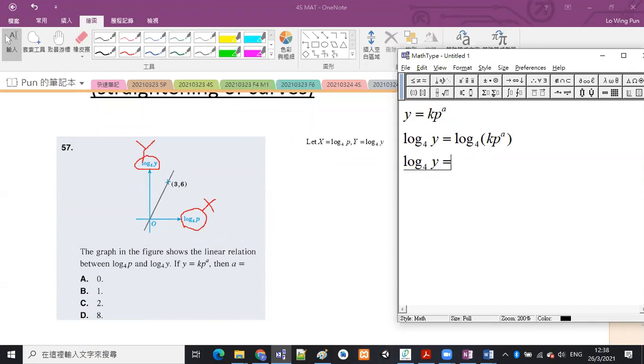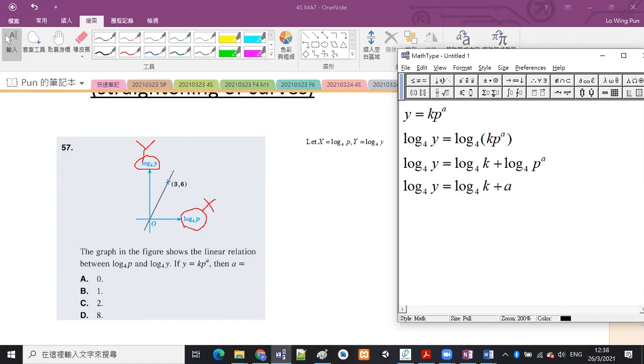The right-hand side is log k times p to the power a. And then we use the property of log to split this into log k base 4 plus log p to the power a base 4. And then the power a can be brought to the front of the log.